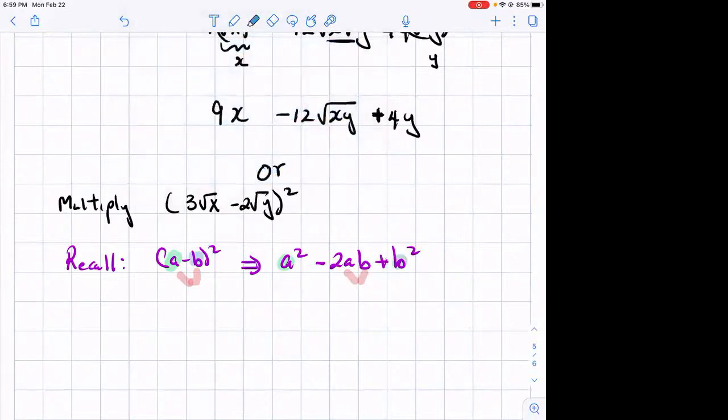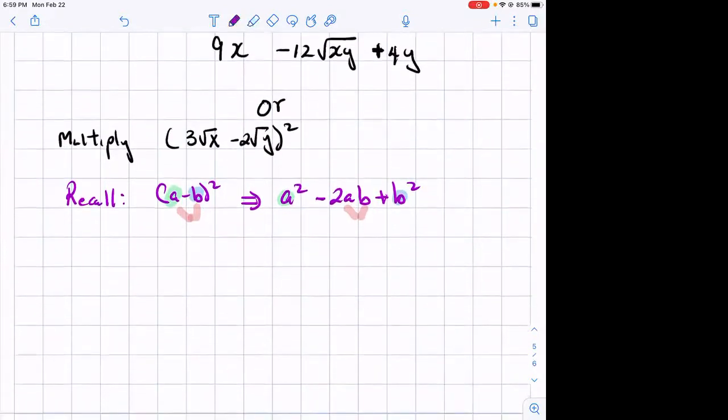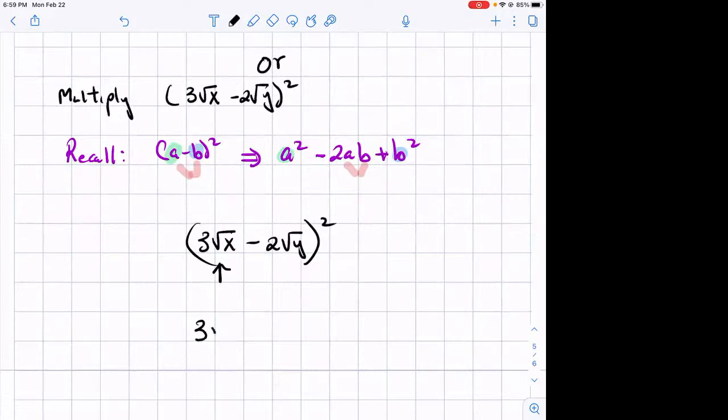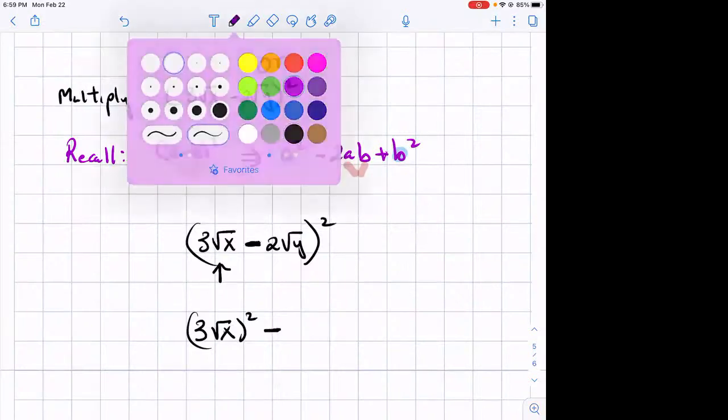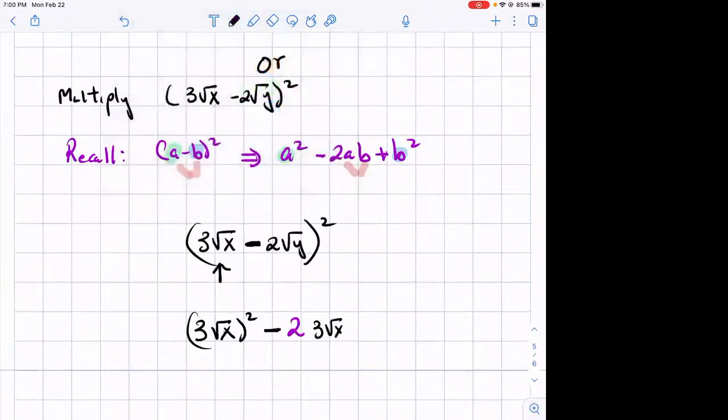Okay, so the first term in this polynomial here, with the one with the radical, 3 root x minus 2 root y quantity squared, this is my first term. So we take 3 root x and we square it. And then minus, since this is a minus, 2, always 2. And then we have 3 root x times 2 root y.